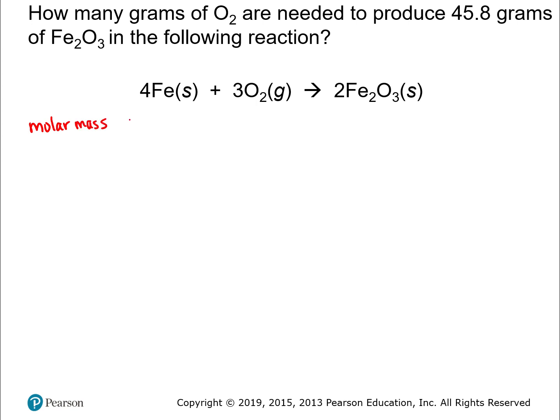The molar mass of iron 3 oxide, I found that to be 159.70 grams. And yours may not be exactly what mine is, depending on what periodic table you use. But they should be very, very similar.